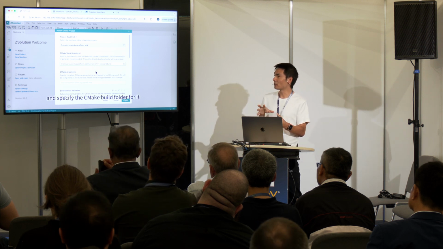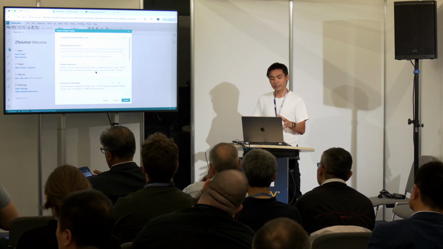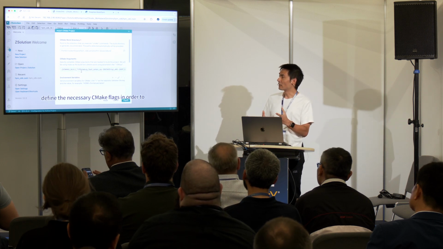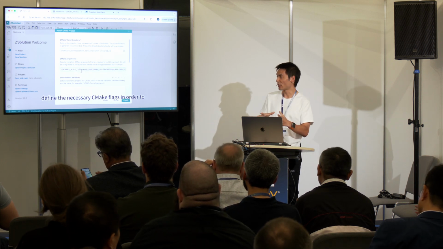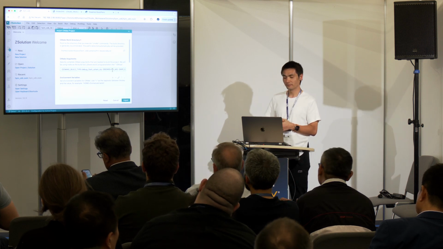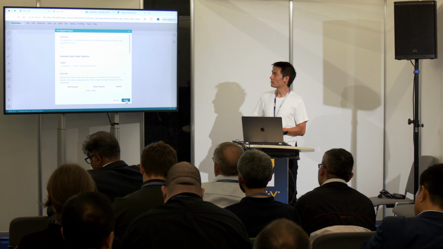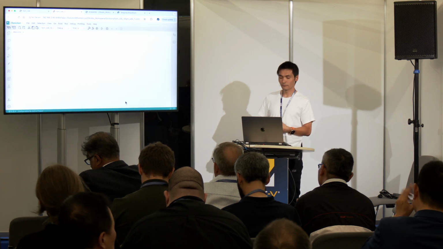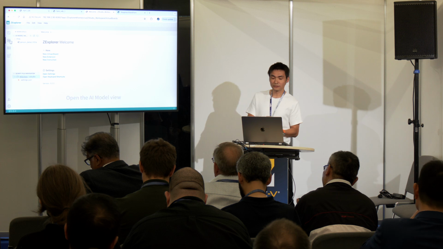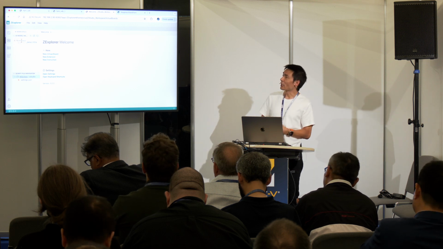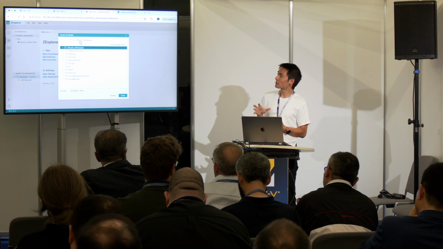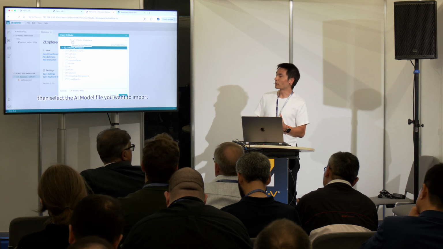You can configure all the CMake options and set up the build flags and environment variables for the project. Now the AI application is being imported. So we can import the weights for the speech recognition.